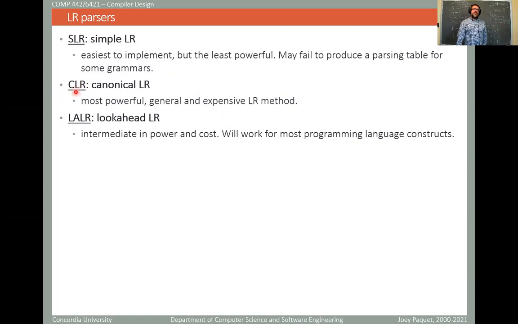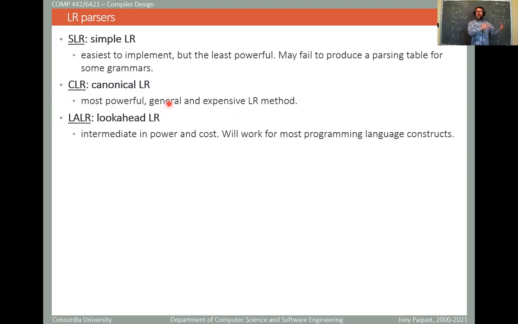Then there's canonical LR, or CLR. This one is the most powerful. It's extremely general, so it will fail less often than SLR, but it's also the most expensive method. What's meant by expensive is that it will generate many more states. It's a state-based algorithm, so your table is basically a state transition table.